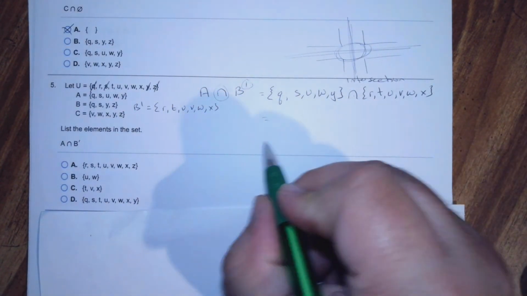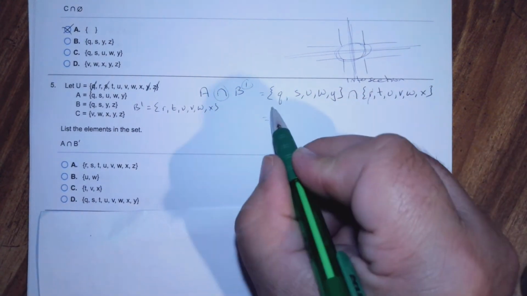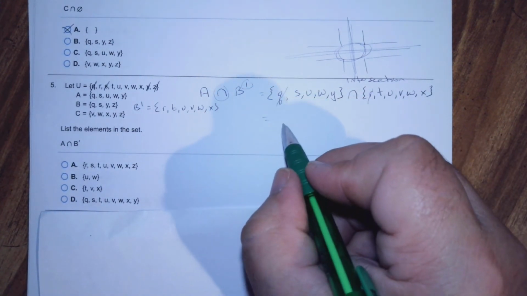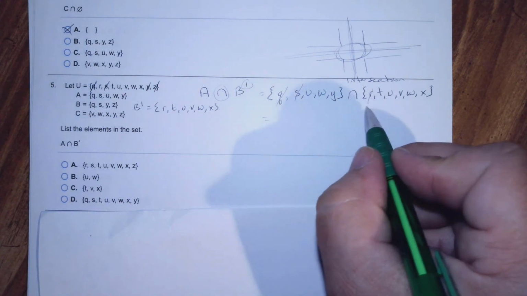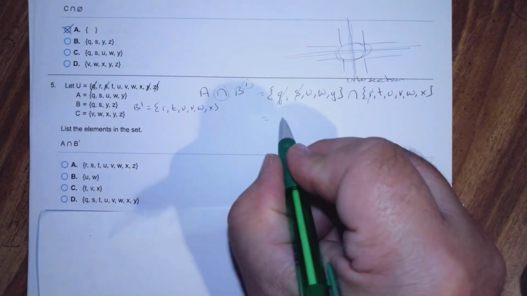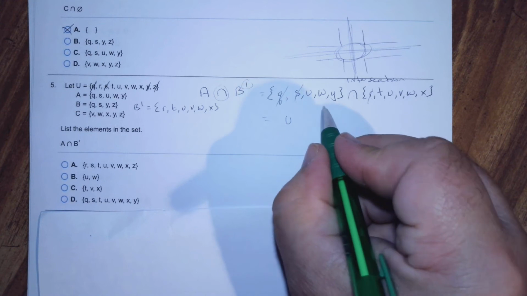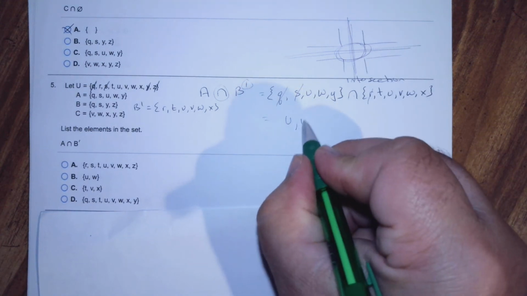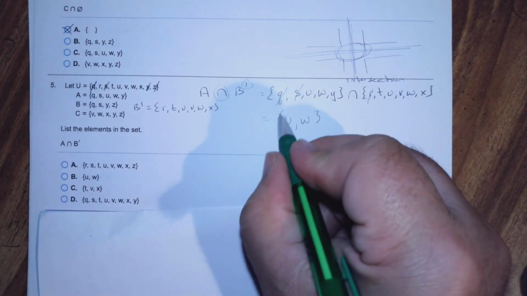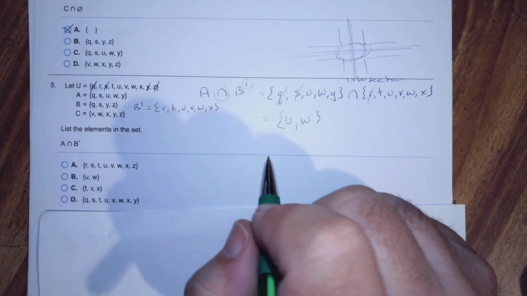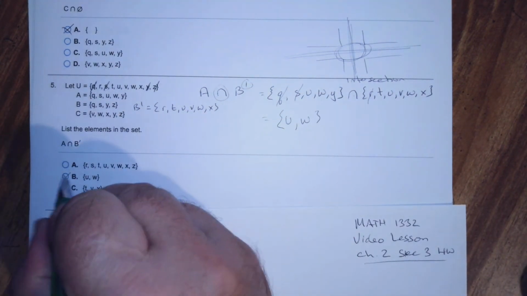So, what do they both have in common? Not the R. This one doesn't have a Q. They both have a U. They both have a W. And that's it. So number 5 is B.